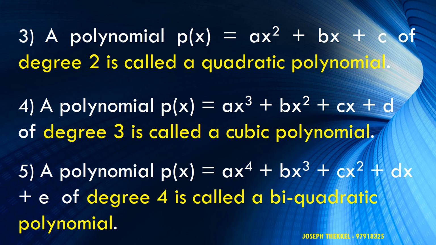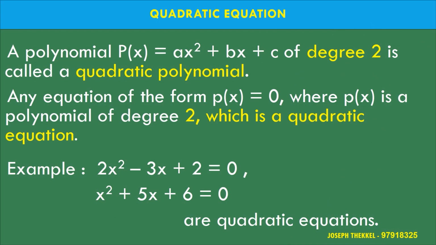5. A polynomial p(x) = ax⁴ + bx³ + cx² + dx + e of degree 4 is called a biquadratic polynomial. Quadratic equation. A polynomial p(x) = ax² + bx + c of degree 2 is called a quadratic polynomial.